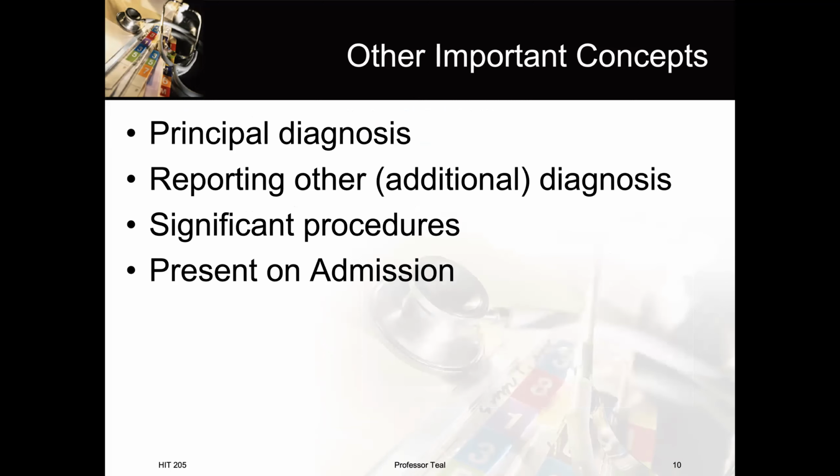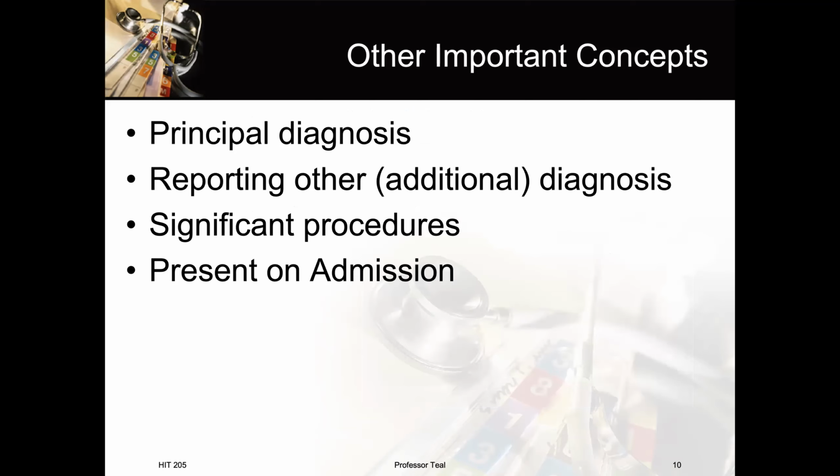Now, a few concepts for inpatient coding. For inpatient coding, all diagnoses that affect the current hospital stay are to be reported. The circumstances of inpatient admission always govern the selection of the principal diagnosis. And remember, I told you there were guidelines on selection of principal diagnosis.